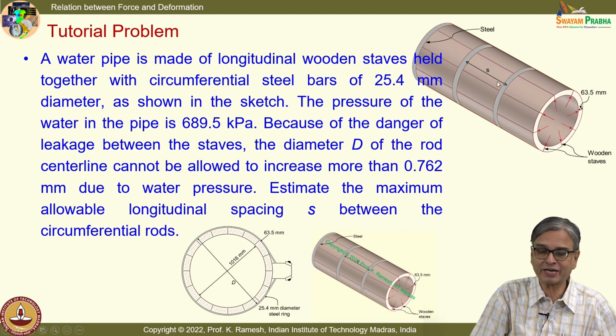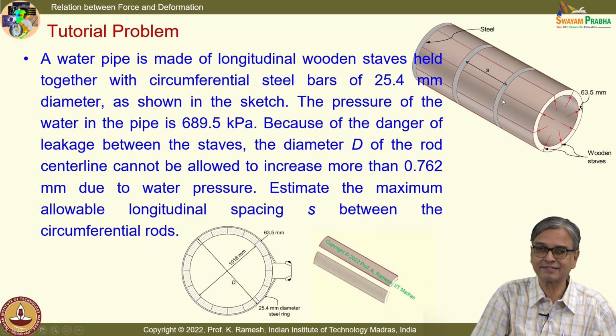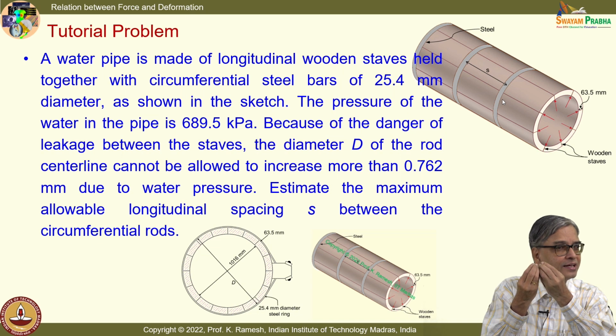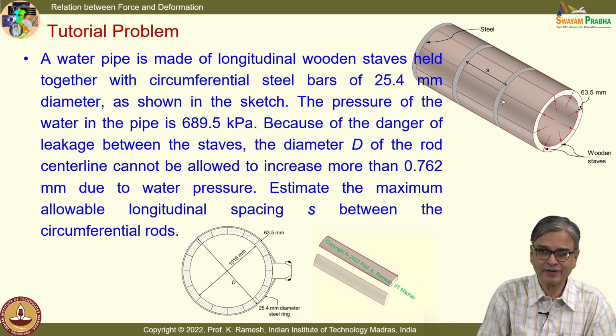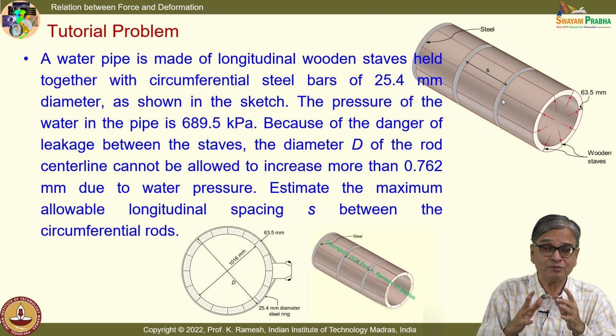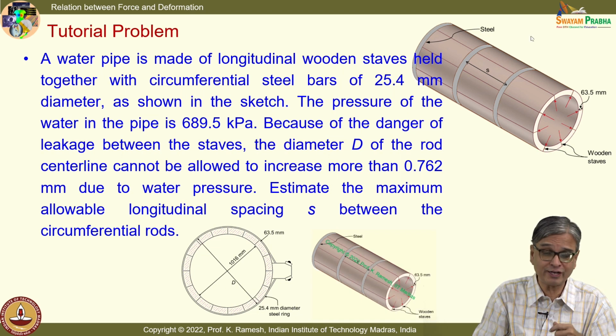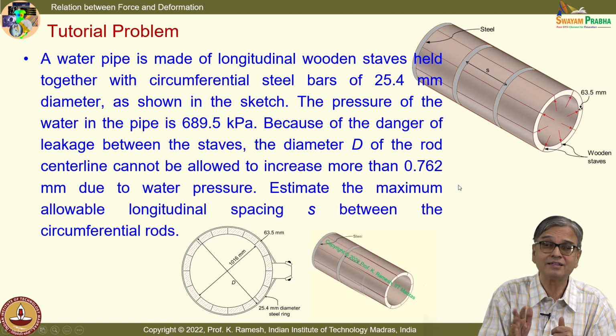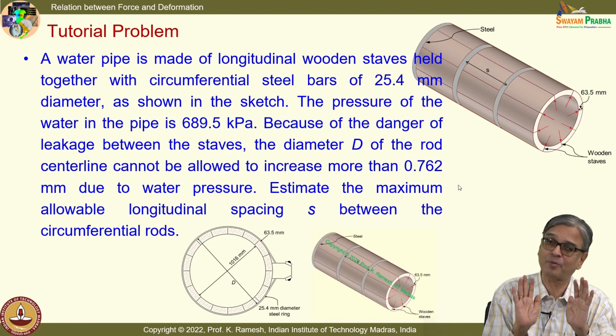So, you have pressure acting over a length S that is transmitted to the steel ring, fine. As a designer, you have to find out whether it should be 0.762 or something else. That you don't have to do, that is given in the problem.